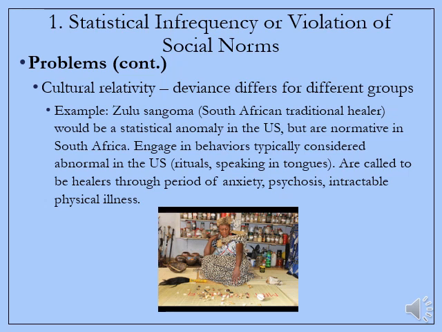All of these things, which might be considered to be signs of a mental disorder in the US, would be considered normative behavior in areas where the Zulu Sangoma are more prevalent. So you can see that this is a more extreme example, but in general, I think cultural relativity is one of the biggest issues with this definition of abnormal behavior.